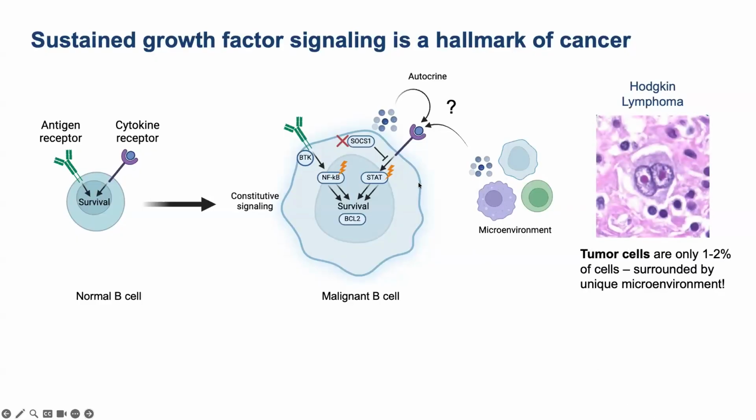Hodgkin's is a fascinating example because the tumor cells are these large multinucleated cells, and they only make up 1 to 2% of the tissue. They're surrounded by this unique microenvironment of immune cells, including many CD4 T cells and macrophages. So they must also have to suppress them in some way.